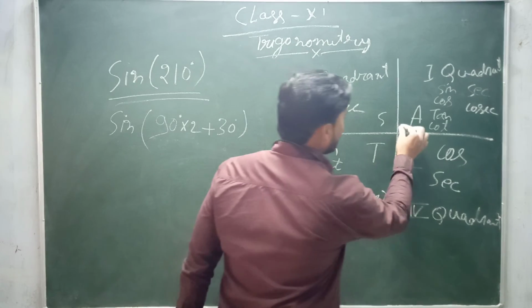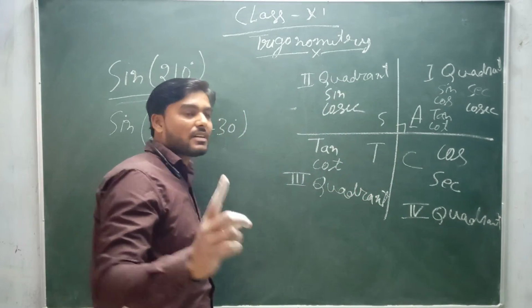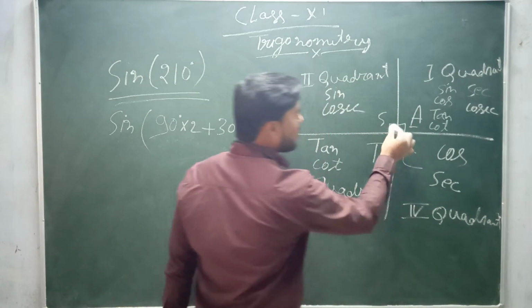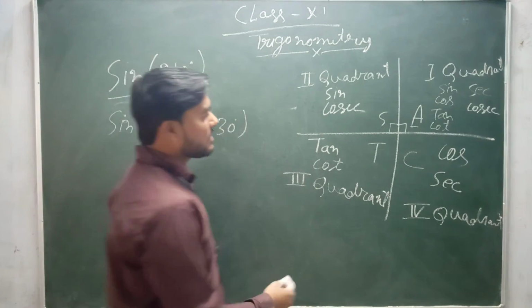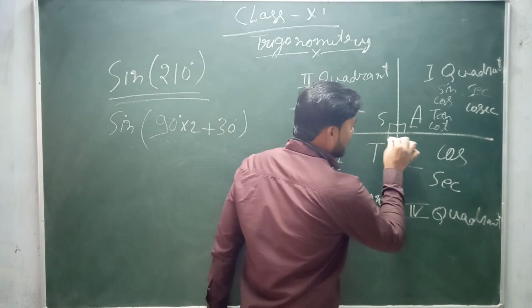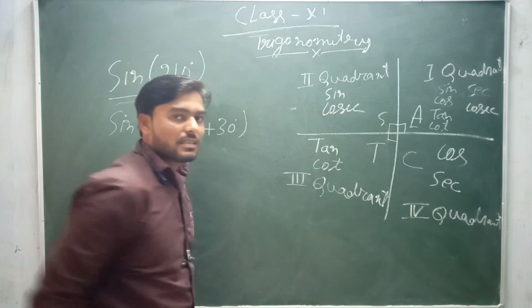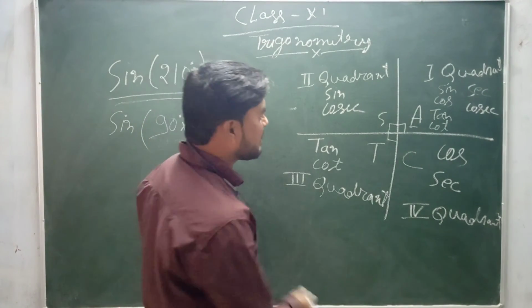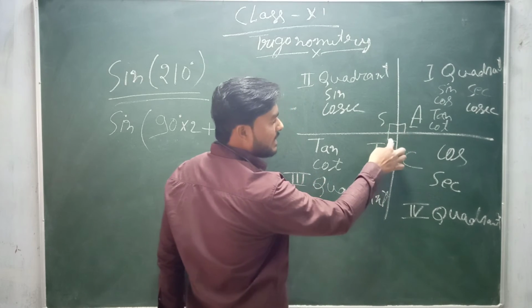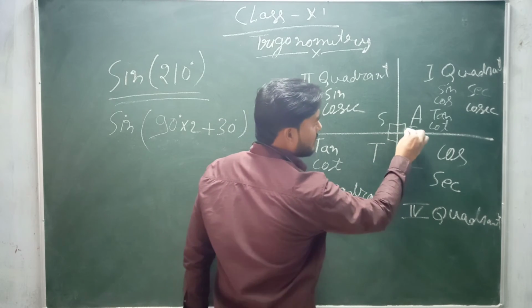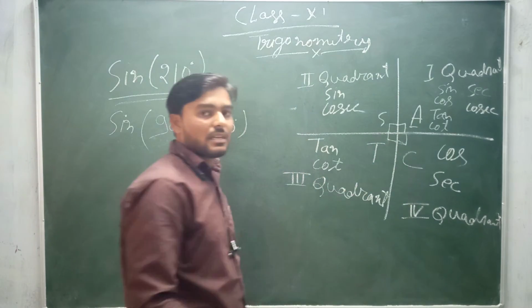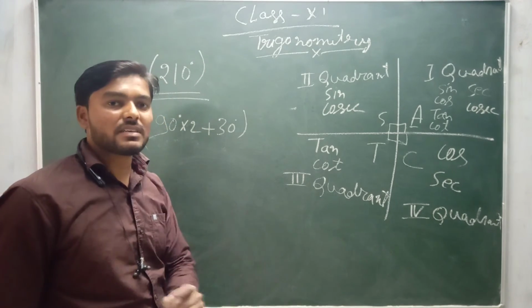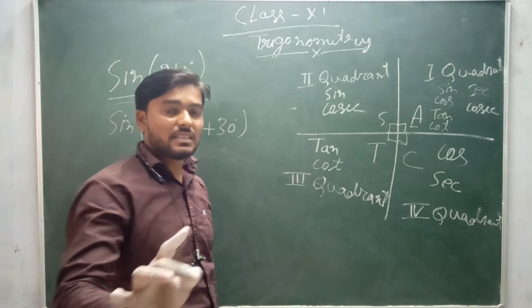This is 90, first quadrant. 90 plus 90 is 180, second quadrant. 90, 90, 90 is 270, three quadrants completed. 90, 90, 90, 90, all four quadrants completed. Every quadrant is of 90 degree.